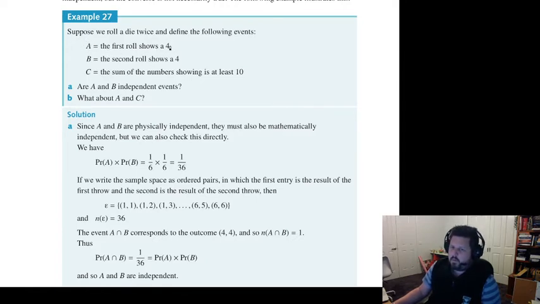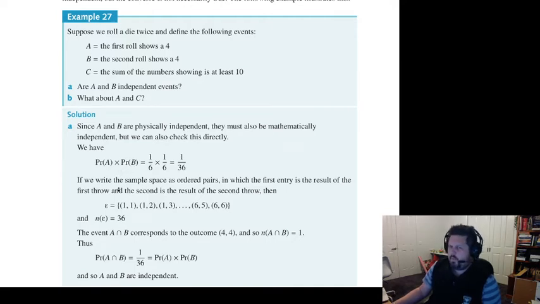The probability of that's going to be 1 out of the 6 numbers that are on the dice. So it's 1 in 6 is the probability of rolling a 4 first. Probability of rolling a 4 second is again 1 out of the 6 numbers on the die. If we multiply those together, we get 1/36. So that's the probability of A multiplied by the probability of B.